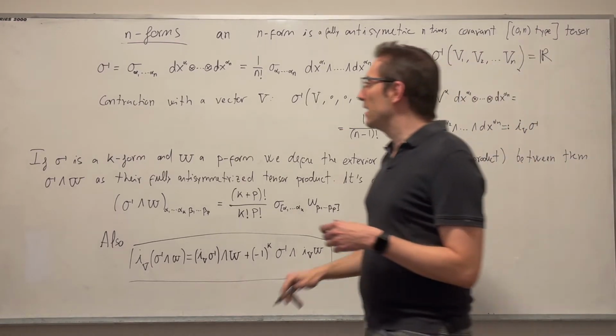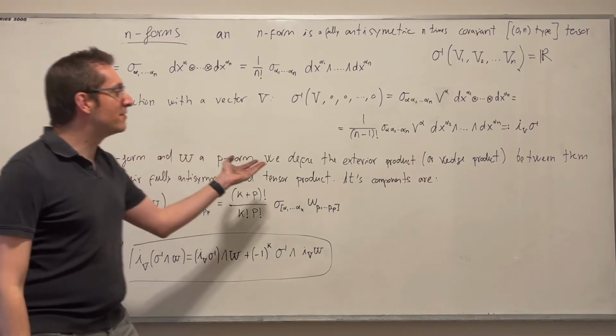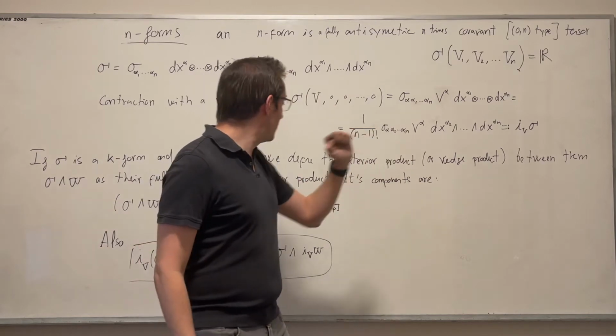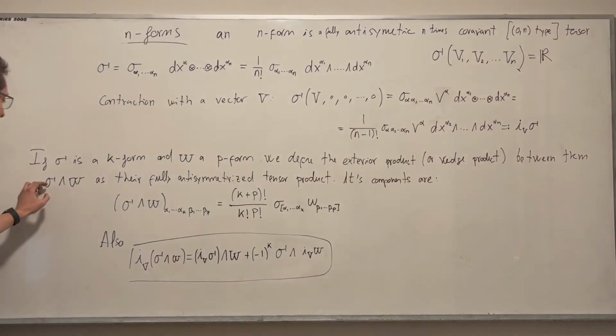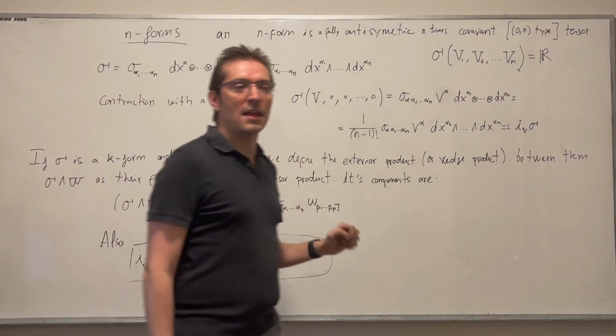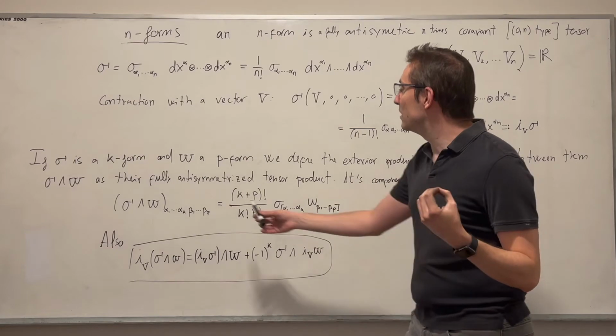Now, if sigma is a k form and omega is a p form, we can define the exterior product, which we usually also call the wedge product, between them, and I notate it as sigma wedge omega, as their fully antisymmetrized tensor product. Now, I give you here the components. I think it's a good exercise if you actually prove this relationship.